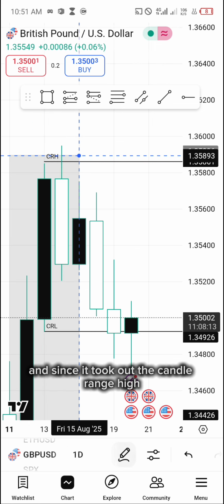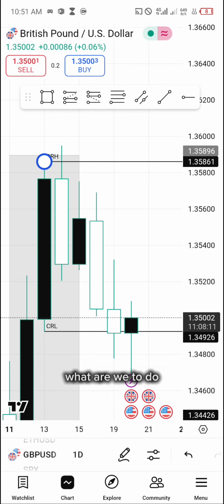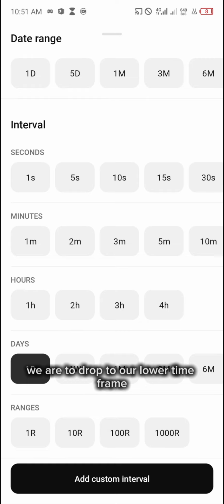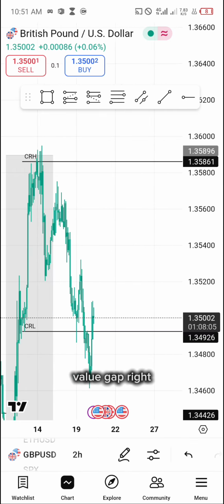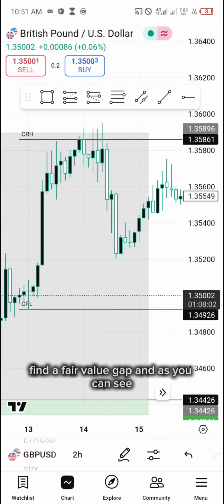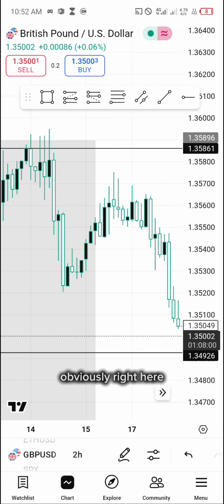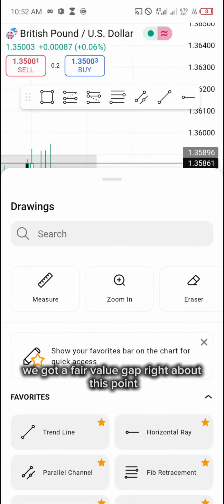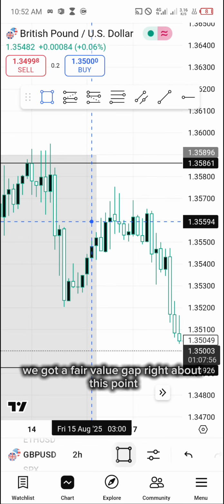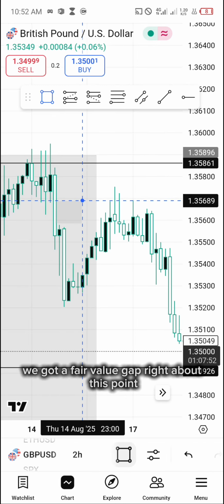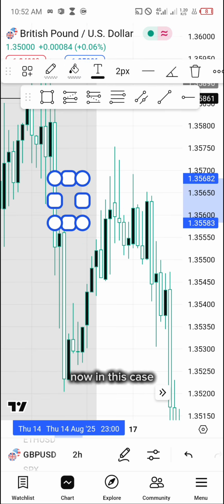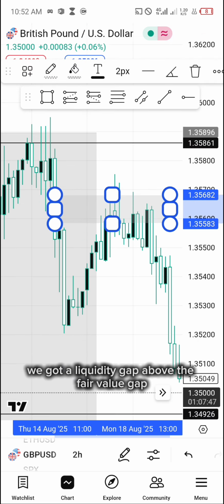Since it took out the candle range high, we have to drop to our lower time frame and make sure we find a fair value gap. As you can see, right here we got a fair value gap right about this point. In this case, we got a liquidity gap above the fair value gap.